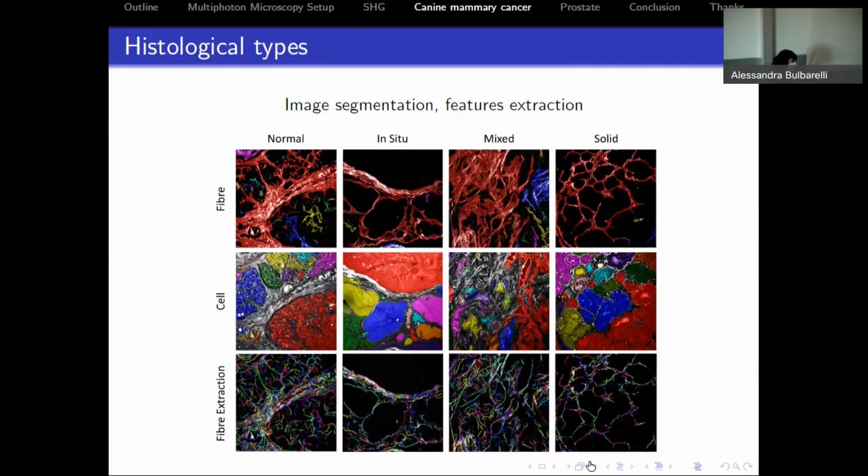And in this last line, we are showing the fiber extraction from this fiber network. Each extracted fiber here is colored in a different way, just to show that we can identify individual fibers within this network. So if we look, say, inside here, we can see that we have different shapes.